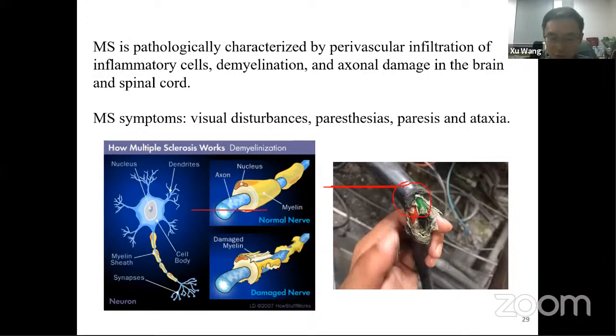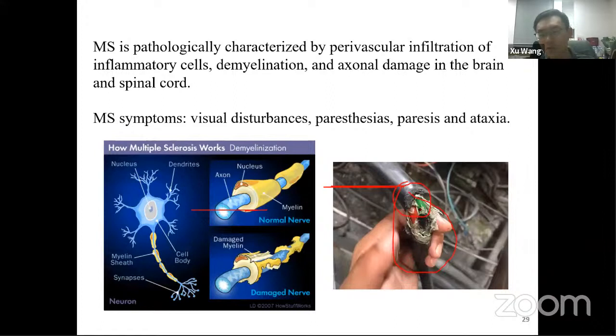In multiple sclerosis, the immune cells, particularly T cells and B cells, recognize the myelin as foreign material. So they attack the myelin sheath. Then the myelin sheath is damaged, like the damaged cable.